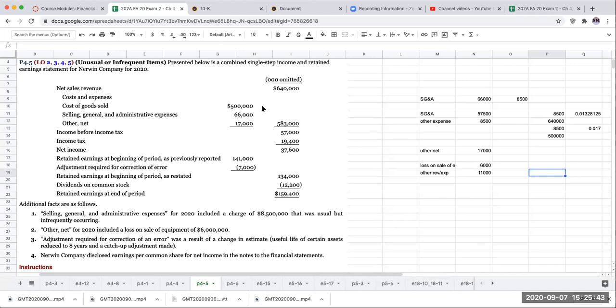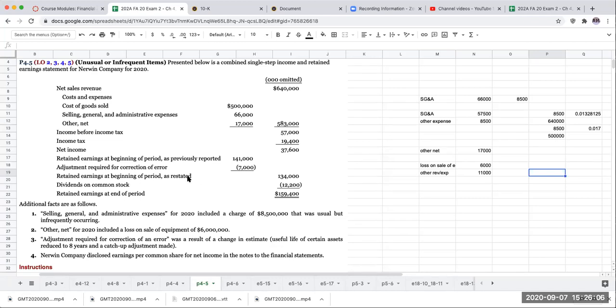You cannot make catch-up adjustments. To restate the financial statements every time a change in estimate would occur would be extremely costly. So again, it shouldn't be there. It's not an error, it's a change in estimate. Therefore, it should not be showing up here as a prior period type adjustment, which really goes to restated retained earnings.